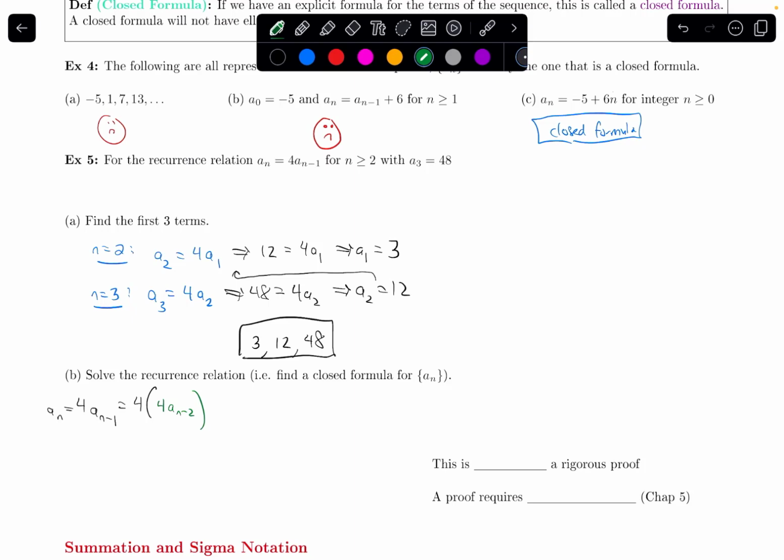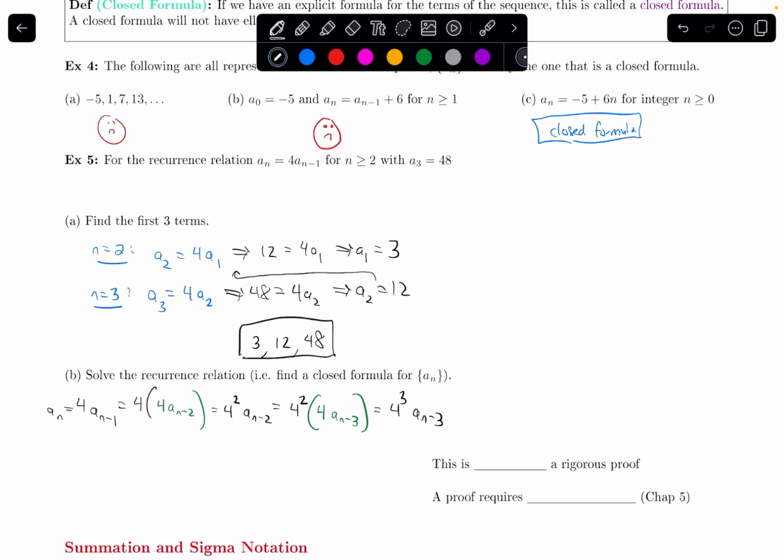If I simplify this, we now have 4 squared times an minus 2. If I keep going, I can replace an minus 2 with what I get if I plug n minus 2 into my recurrence, which is 4 times the previous term, an minus 3. So this equals 4 cubed times an minus 3.